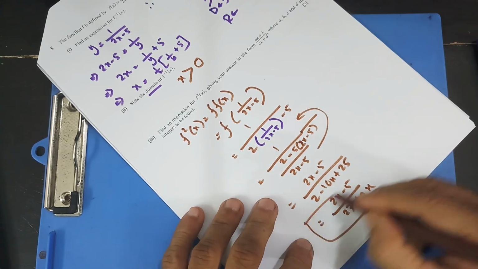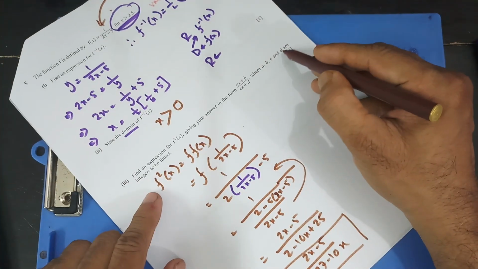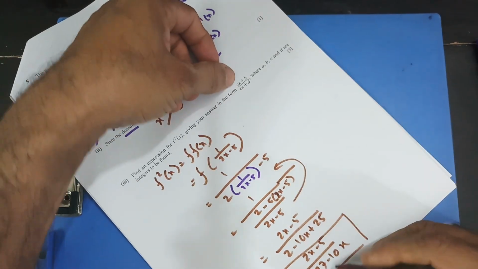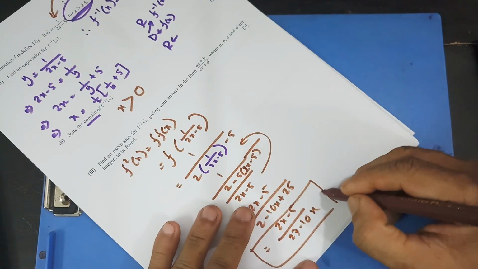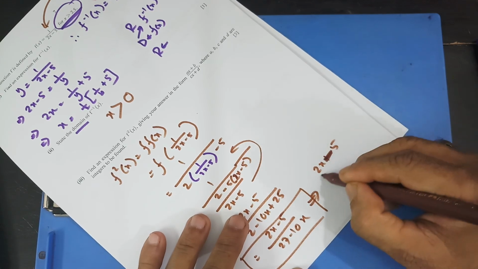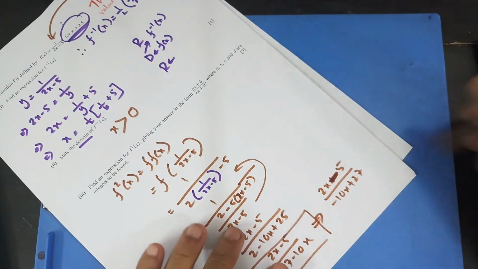Okay, so that's that. And then I can write down, it says that a, b, c, and d are integers to be found, nothing else. So I'm going to write this as 2x minus 5, over minus 10x plus 27, in this format.